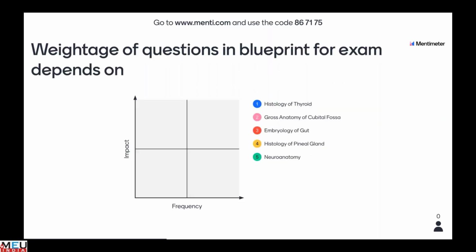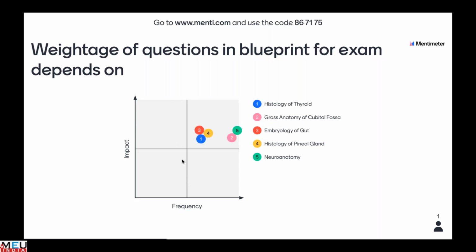Next, they have given you this option of a grid kind of option. If you want to create a blueprint for an exam, you always know that the chances of a question appearing is directly proportional to its impact and frequency. So even if you're not from these subjects, you can choose for all of these topics what you think is its impact on public health for the student to know, and how frequently it should be assessed.